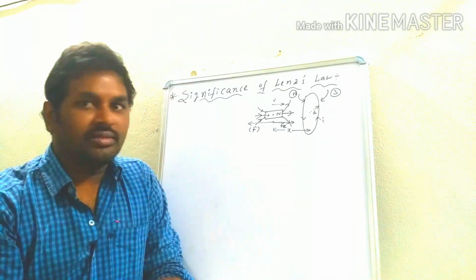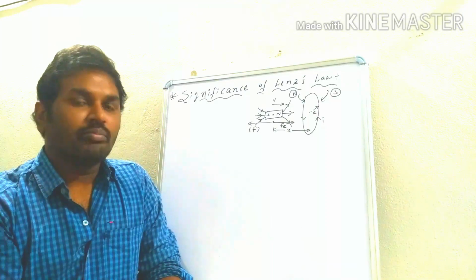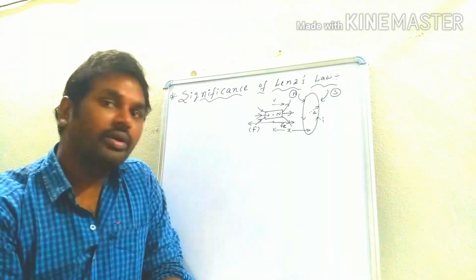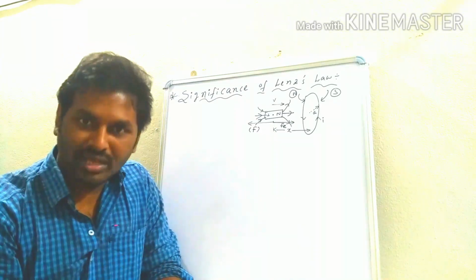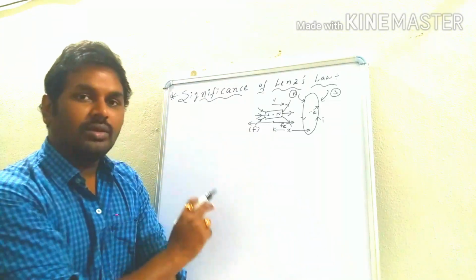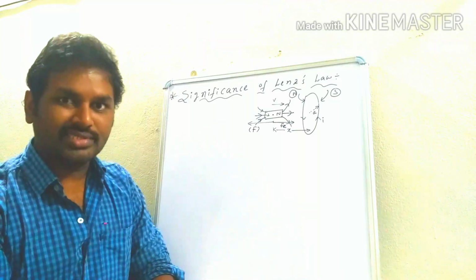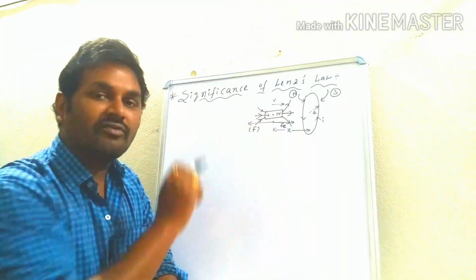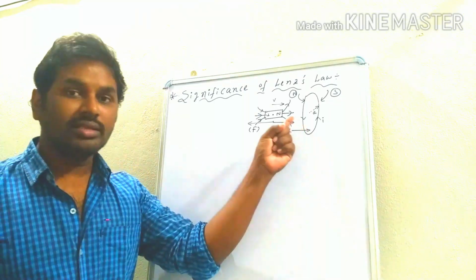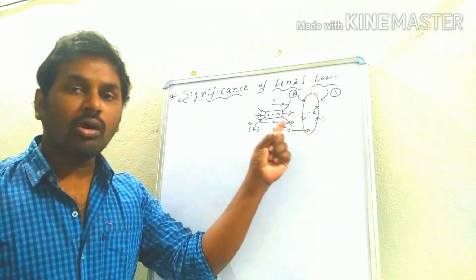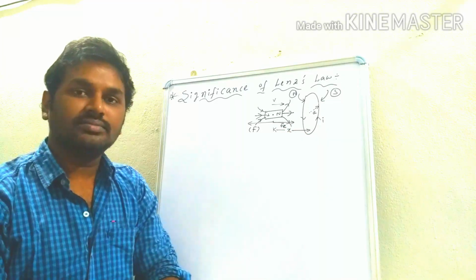You might think that the magnetic energy is being converted into the electrical energy, which is false, because even when the magnet is at rest, the magnetic lines of force are passing through this coil. But in this situation, you are not getting any induced current.